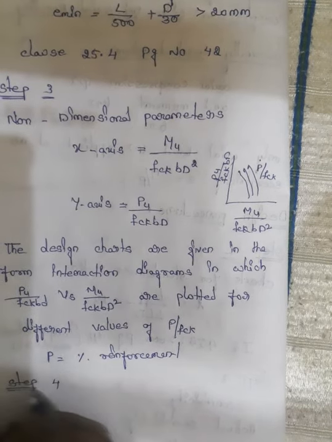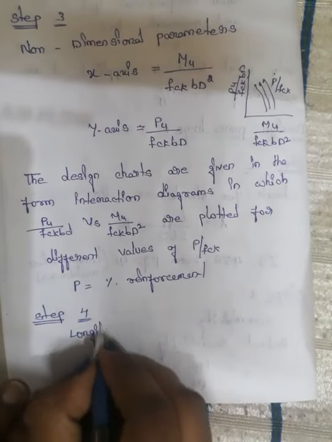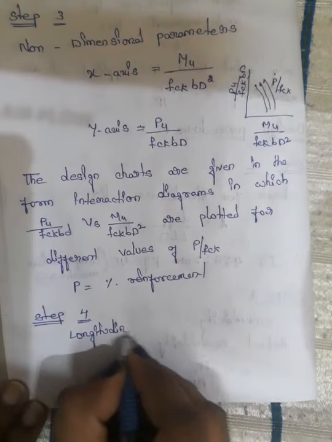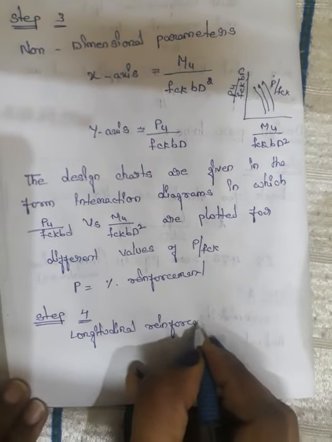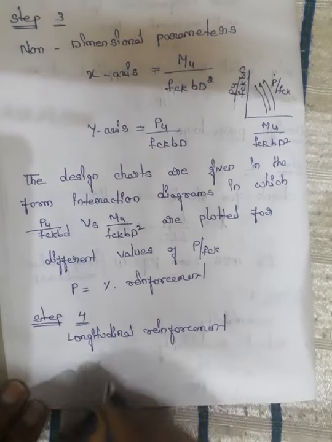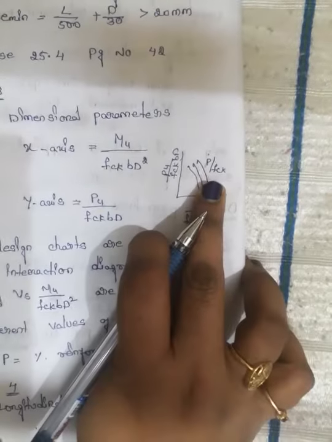So step 4 is longitudinal reinforcement. In this longitudinal reinforcement, you will be getting the P by fck value, right?